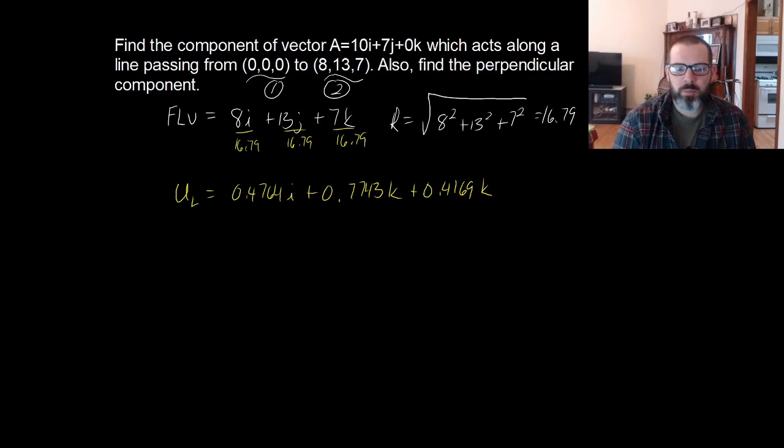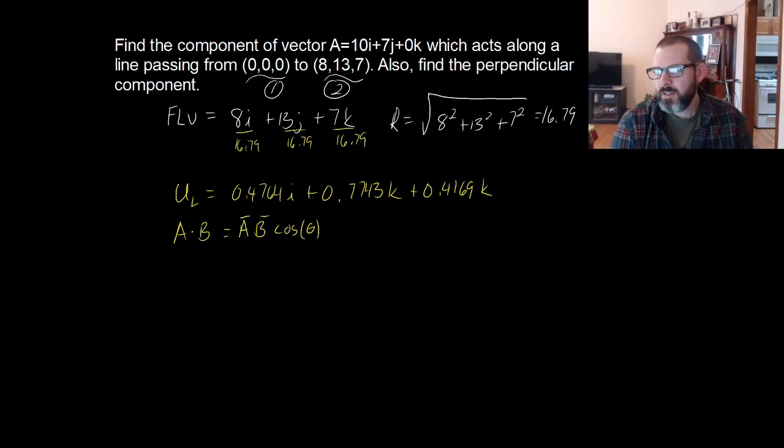To find the portion of this parallel to the line, we can use the dot product, which is A dot B equals the magnitude of A times the magnitude of B cosine theta. But we can take the dot product, because we know the dot product is AX times BX, AY times BY, AZ times BZ, and calculate the parallel component.